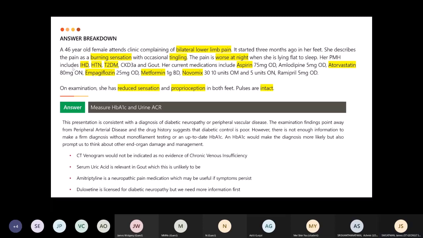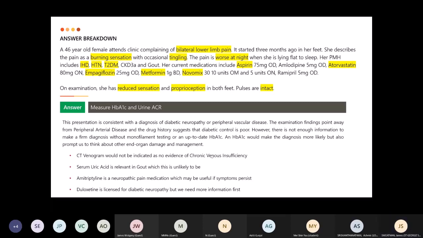So we know she's diabetic. She's on metformin, empagliflozin, and insulin. So she's probably not a very well controlled type 2 diabetic because she's on insulin as well as other medications for her hyperglycemia.